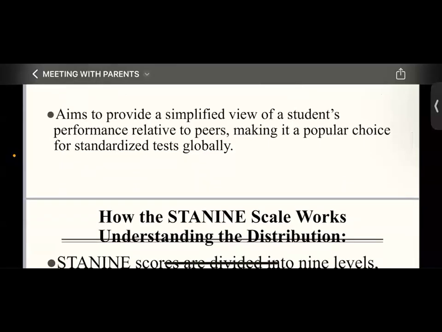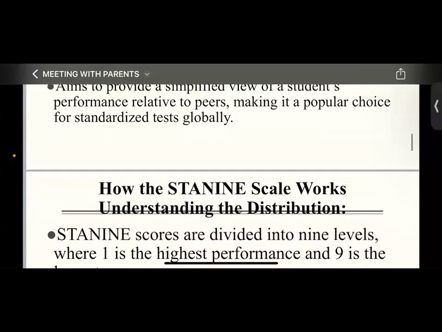It also aims to provide a simplified view of a student's performance relative to peers, making it a popular choice for standardized tests globally. So it has simplified the view of students' performance as you relate to the person's friends or peers, and it has now become a very popular choice.